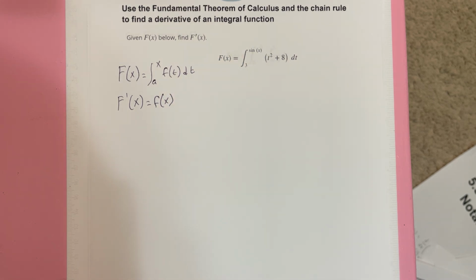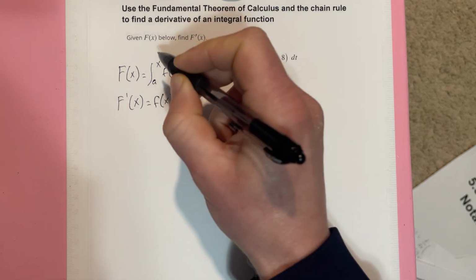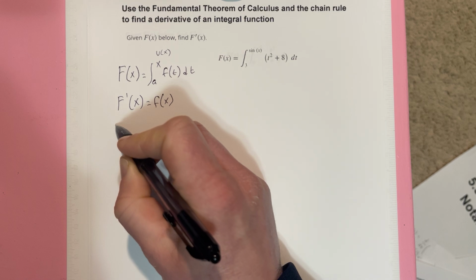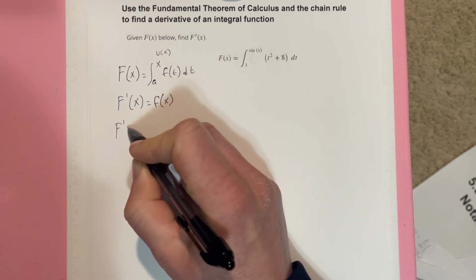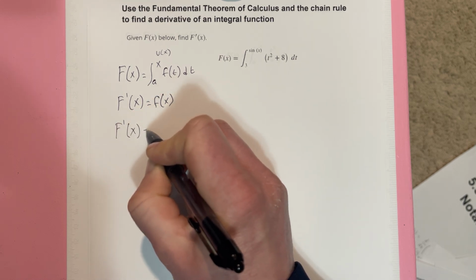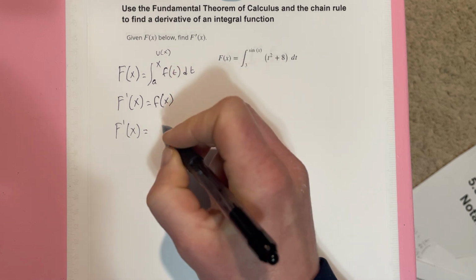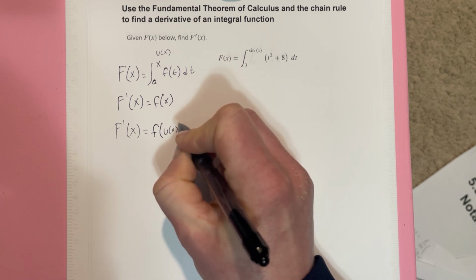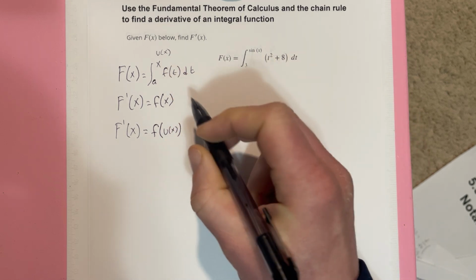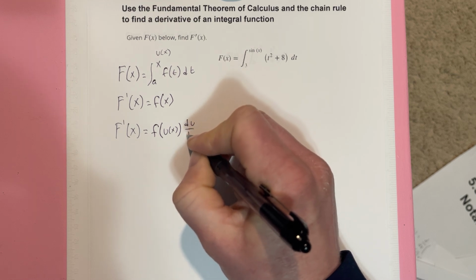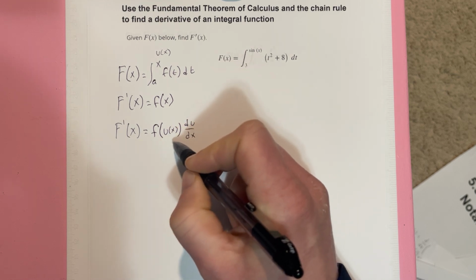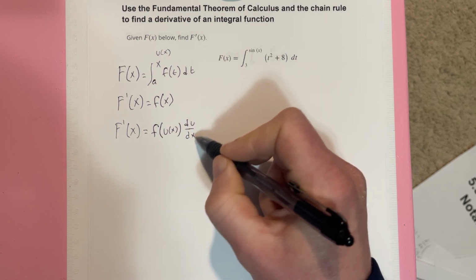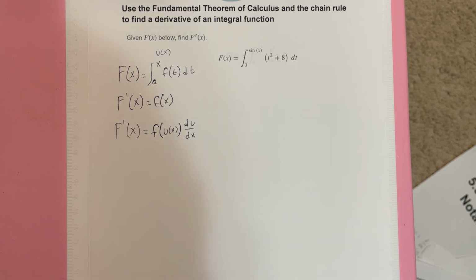But when I have, let's say, u of x up here instead, then I would end up with F prime of x would be equal to f of u of x, and then this would actually be du over dx, because I have to take the derivative of u of x, and because I'm doing that with respect to x there, I end up with this implicit differentiation there.